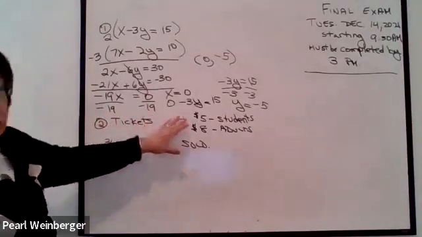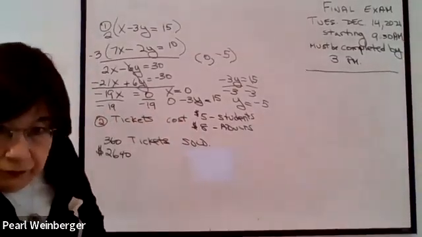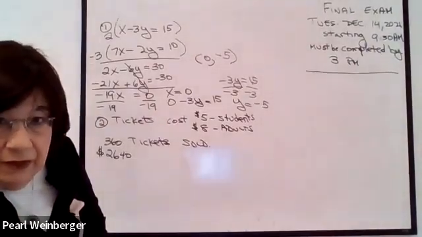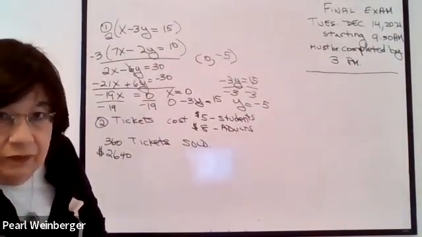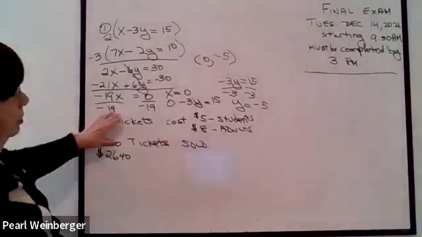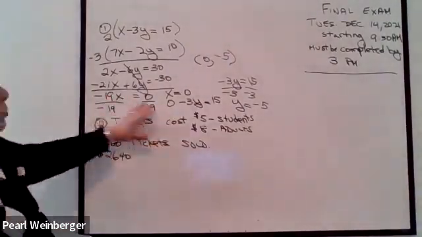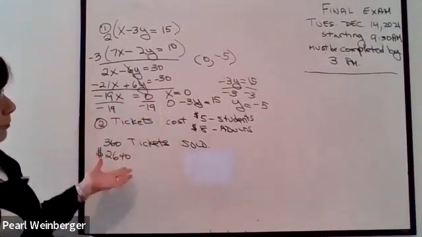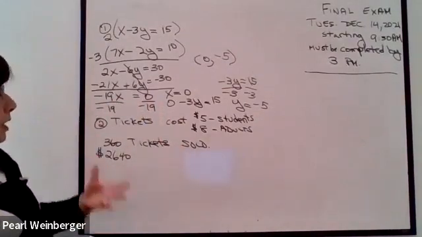Okay, now let's look at this second one. Here, we have another word problem. It's a very common type of word problem where we have two types of items.